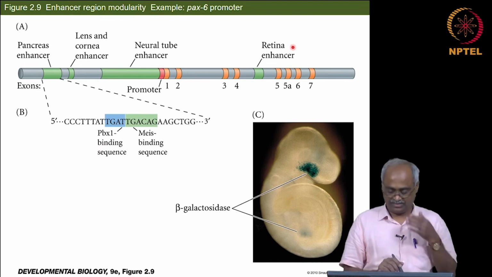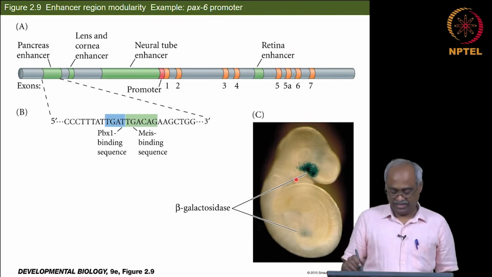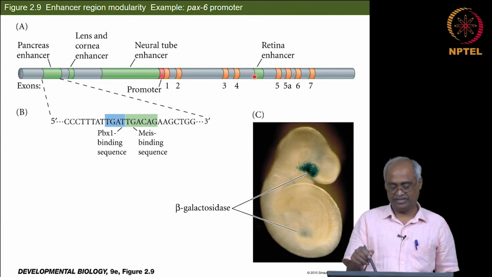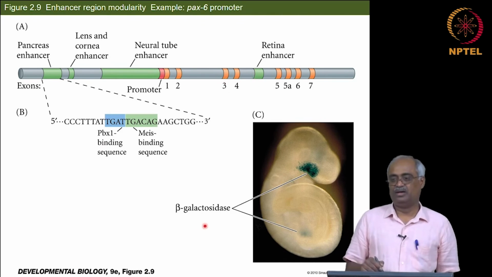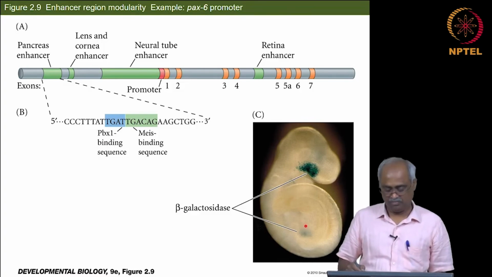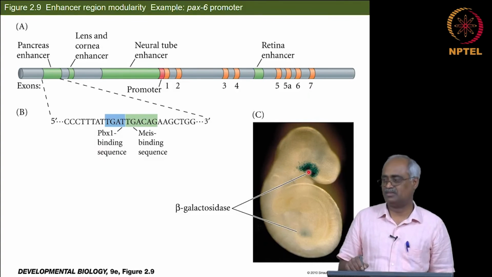So, that is being tested here in this particular image, where you are only taking a part of it, like you are taking these two enhancers and the rest are not there, but you have the LAGZ reporter here, and as a result you see expression in the pancreatic region as well as where the eye is developing, lens and cornea, only there.